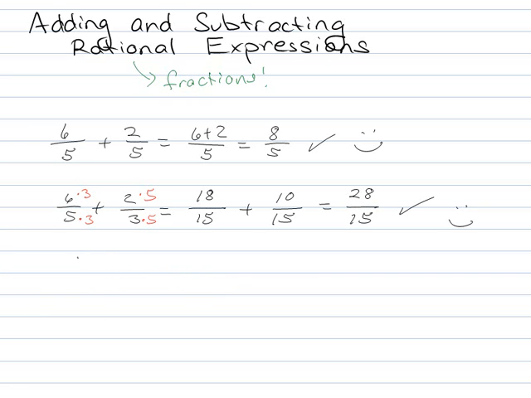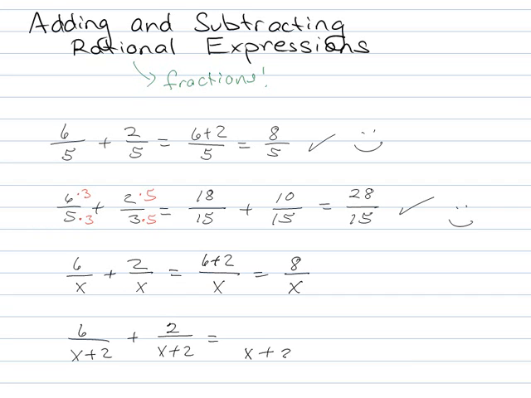What if I had 6 over x plus 2 over x? The number on the bottom is the same, it's x, and so I just do 6 plus 2, or 8 over x. And like the example I just had, if I had this plus 2 over x plus 2, as long as the numbers on the bottom are the same, all I have to do is add the numbers on the top.